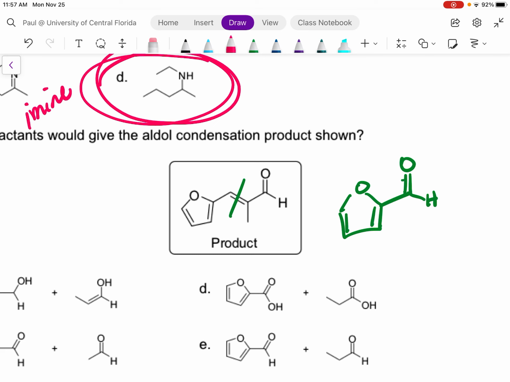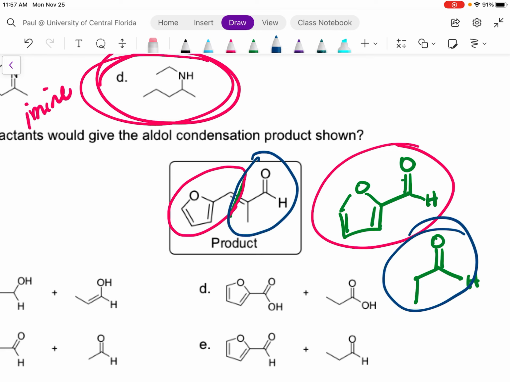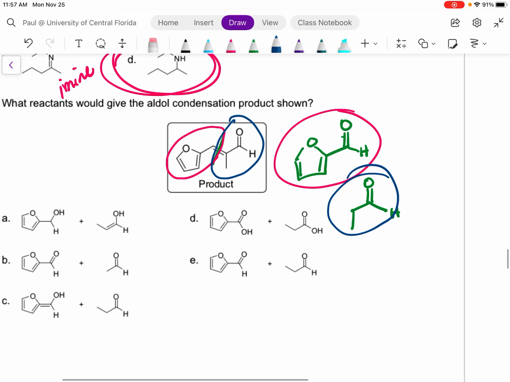So if we circle this piece right there, it is that piece. And then the other half would have to look like that. Okay? So this piece right there is that piece. And so the only answer choice that matches that analysis would be E.